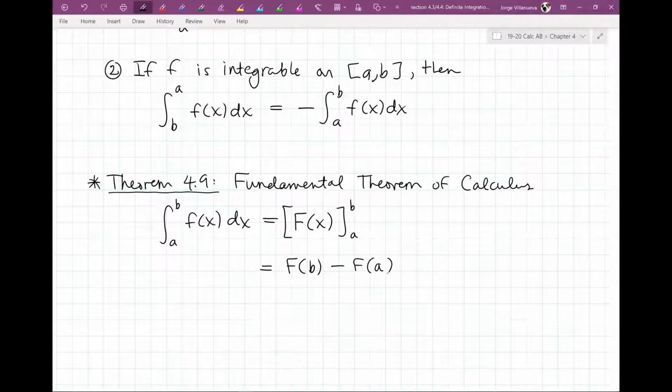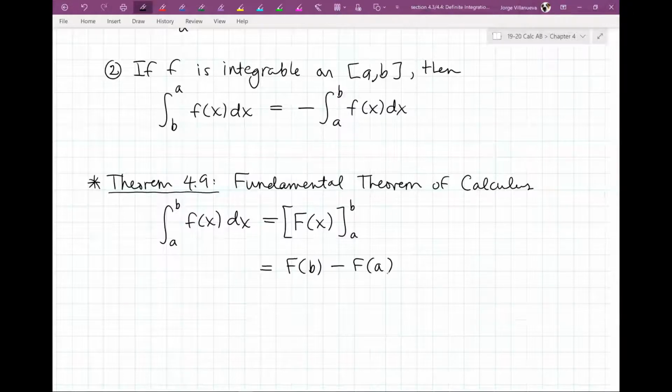Notice you take the upper bound and plug it in first, and then you subtract the lower bound plugged in. And right now we'll show you how that works.